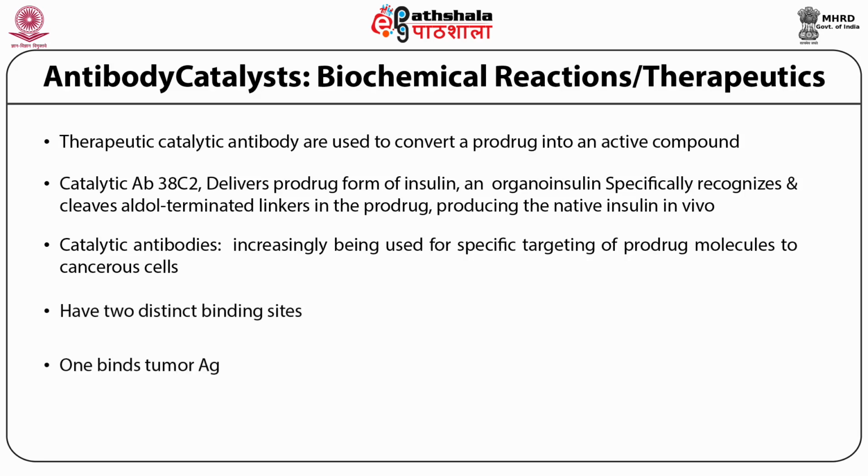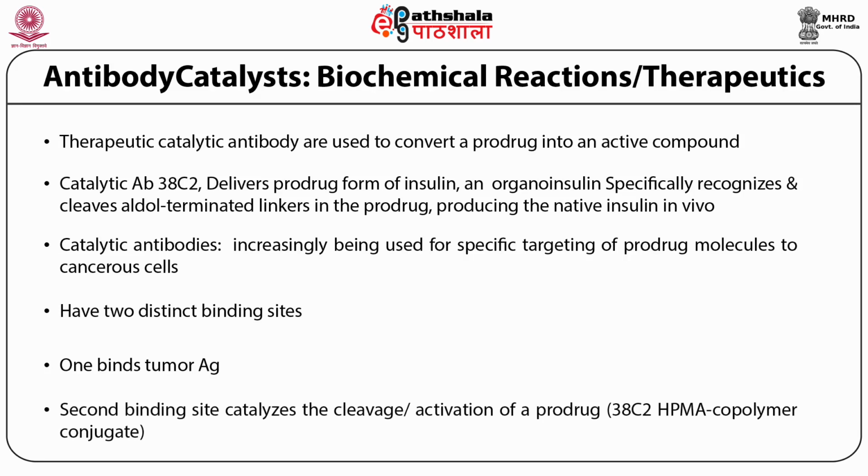One binding site can target or bind the tumor antigen on the cancerous cell, whereas the second active site of the antibody can catalyze the cleavage or activation of a prodrug molecule. So we have a 38C2 HPMA copolymer conjugate as an example for this, a dimeric or bispecific antibody molecule for targeting cancer cells.